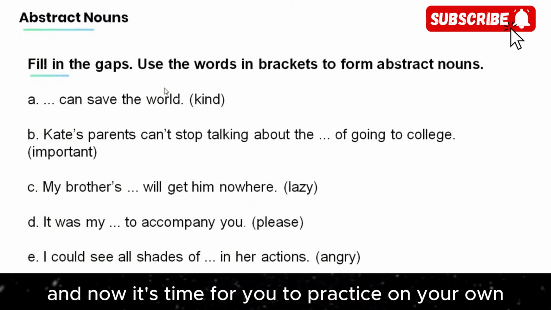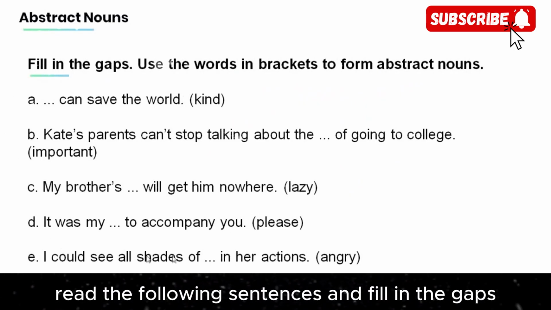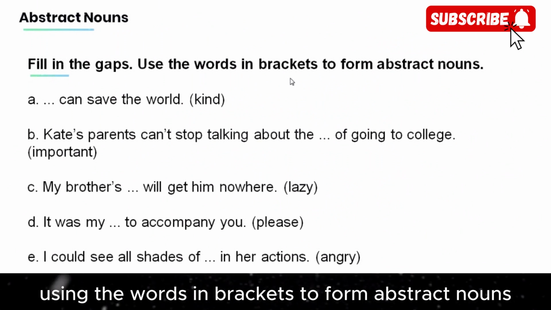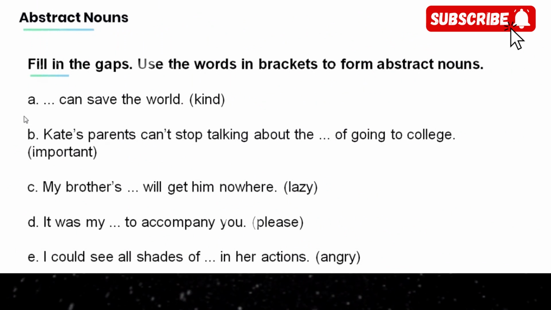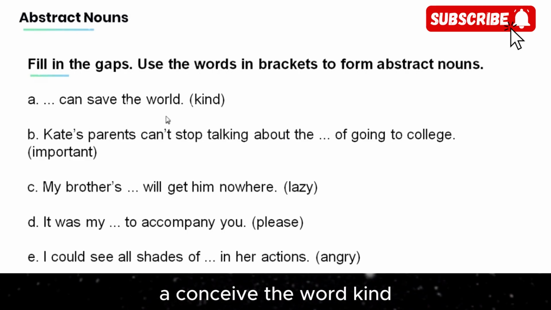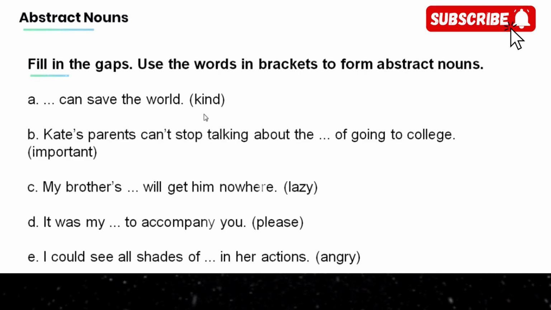And now it's time for you to practice on your own. Read the following sentences and fill in the gaps using the words in brackets to form abstract nouns. A. Kind.